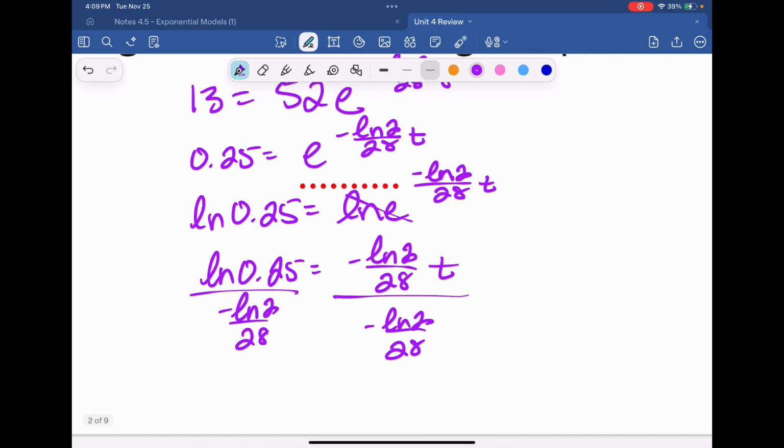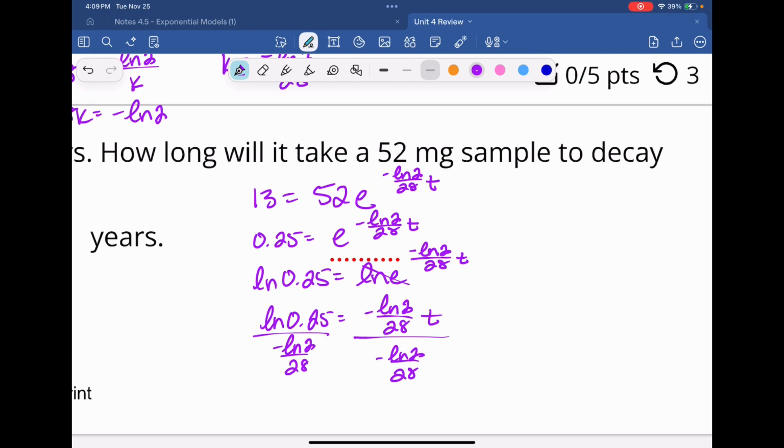Use your fraction, ln of 0.25 over negative ln of 2 over 28. So 56 years.